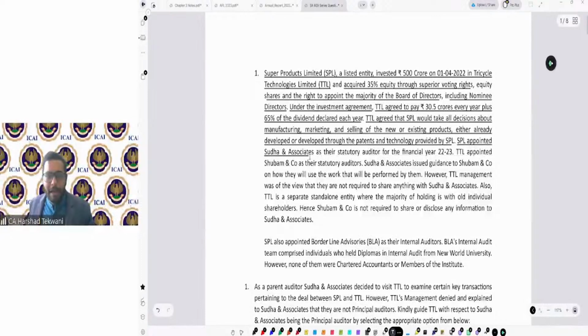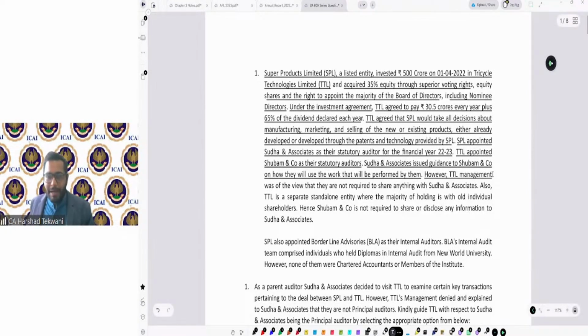SPL appointed Sudha and Associates as their statutory auditor for financial year 22-23. TTL appointed Shubham and Company as their statutory auditors. Okay. Sudha and Associates issued guidance to Shubham and Company on how they will use the work that will be performed by them.